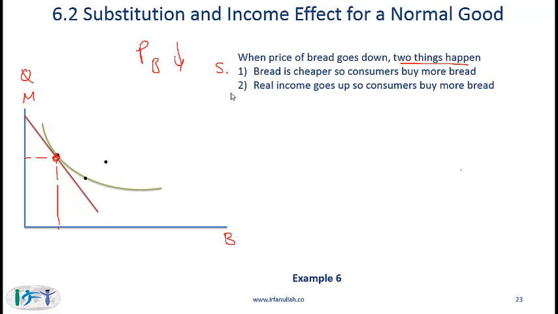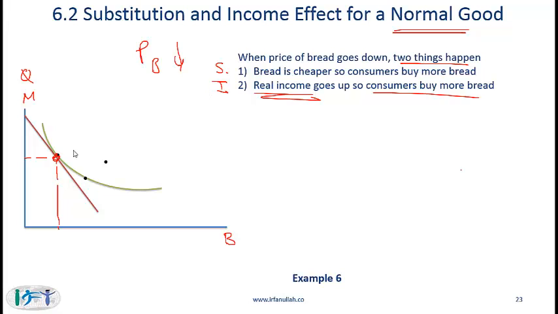So your real income goes up. And when real income goes up, consumers will buy more of a normal good. On this slide, we are assuming that we are dealing with a normal good. So we can say that because of the higher real income, the demand for bread will go up. So this is called the income effect.